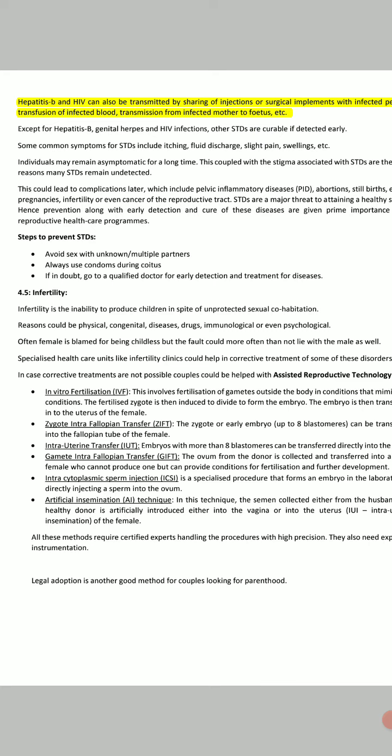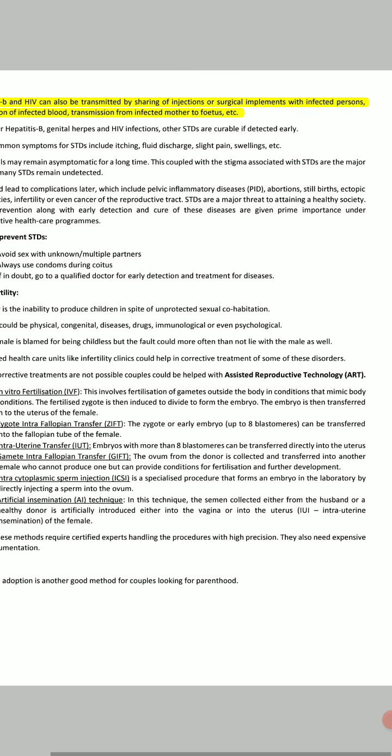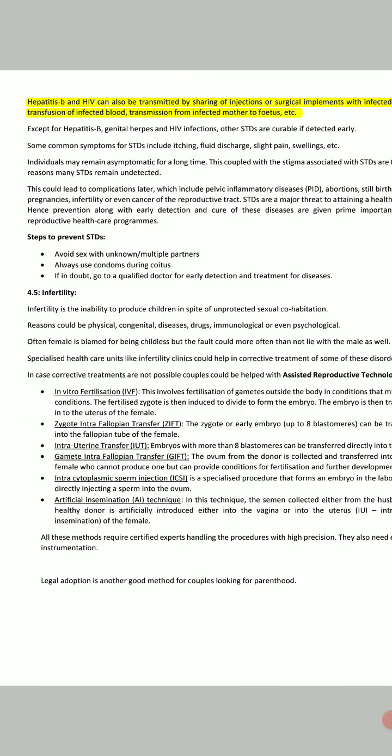Hepatitis B is also a lethal disease for humankind. Hepatitis B and HIV can also be transmitted by sharing of injections or surgical implements with an infected person, transfusion of infected blood, and transmission from an infected mother to the fetus. So, apart from unprotected sex, by all these means an STD can be transmitted to a person.